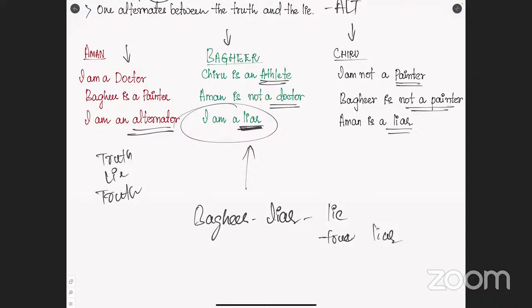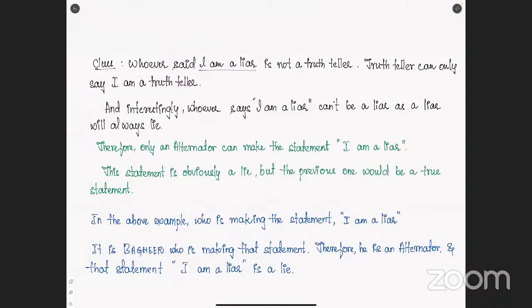Either way, Baghir is not a liar. So then what is the position of Baghir? Baghir is in fact the alternator. That means Baghir is the one who alternates between lie and truth.